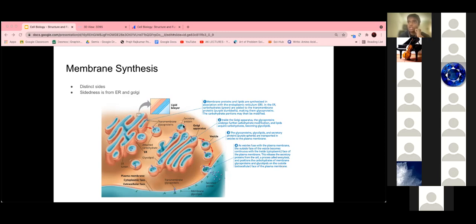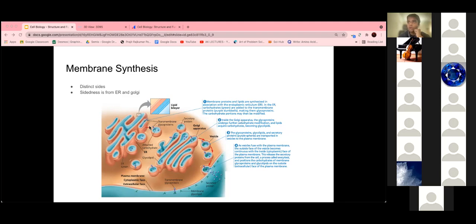So right here, you can see the process of membrane synthesis. So we start in the endoplasmic reticulum, and carbohydrates and transmembrane proteins are added to the membrane, and carbohydrate portions of the membrane can be later modified.